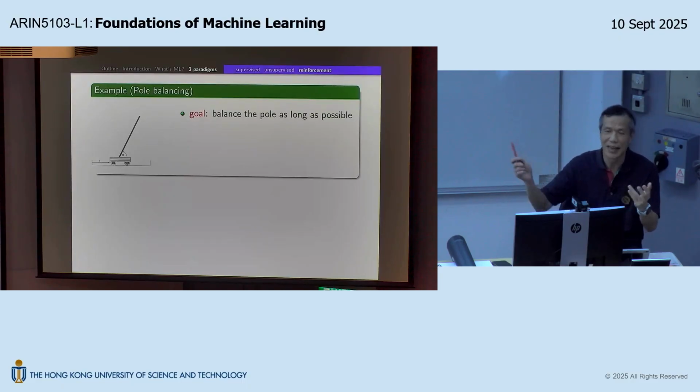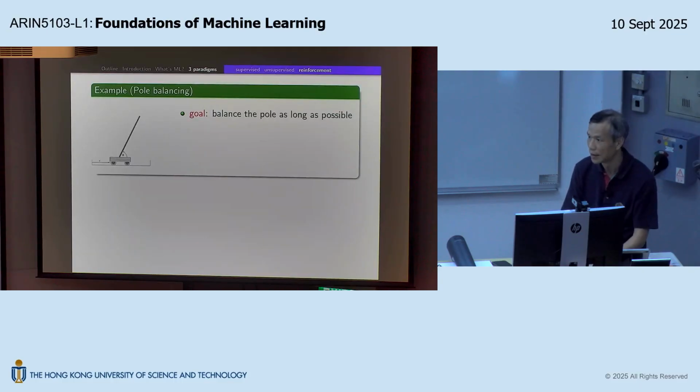So this is kind of like driving a car, right? But this is a much simpler autonomous driving example. So in driving a car, what is the input and output? Input is some movement, I guess.